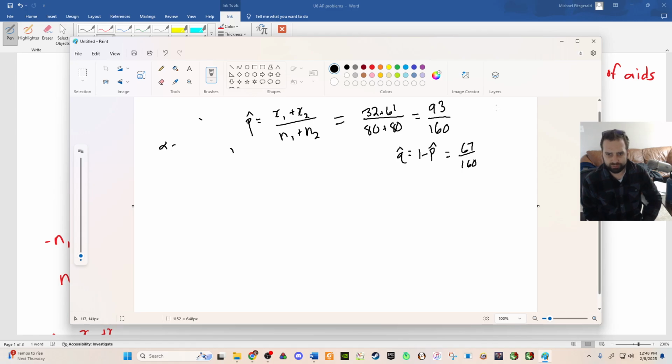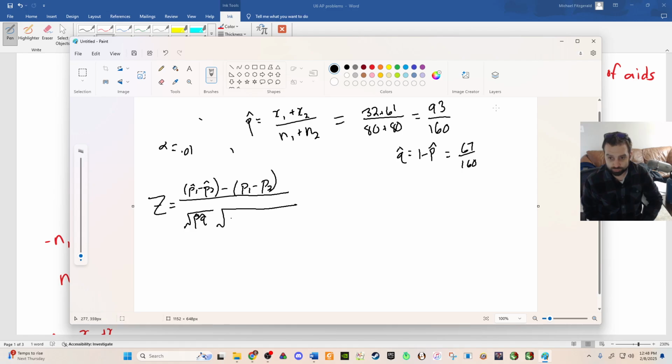Okay. We have the alpha level of 0.01. The test statistic formula is this. So let's plug some things in.